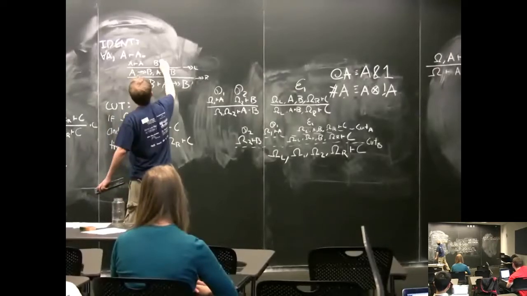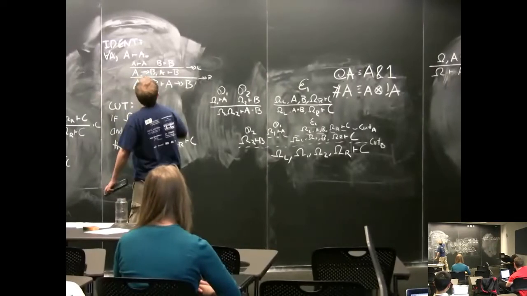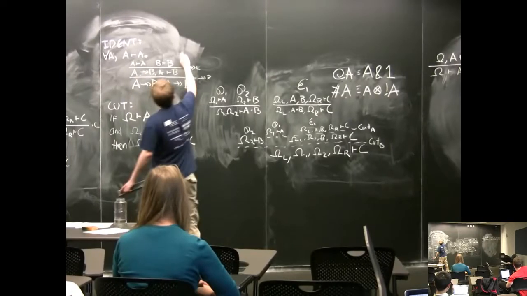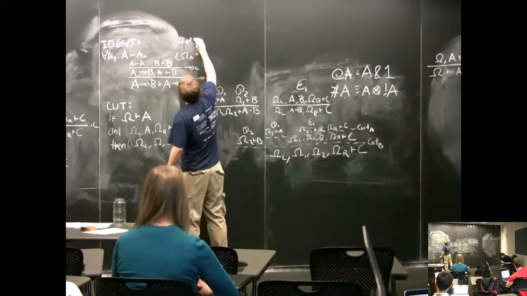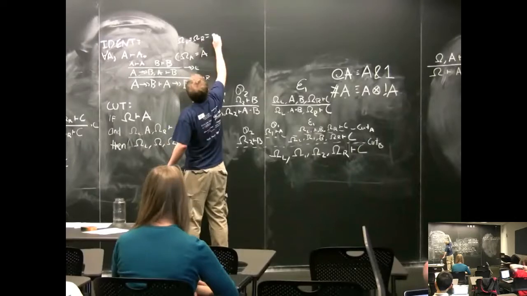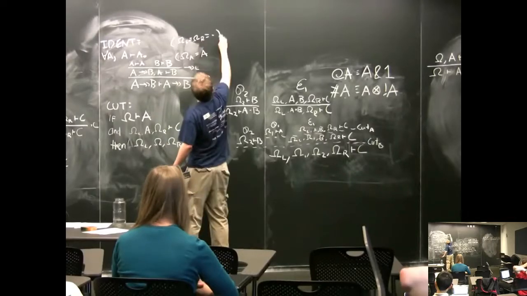A, B, B, where omega A was equal to A, omega left was equal to omega right, which was empty.